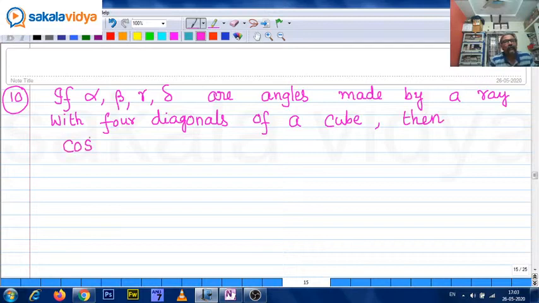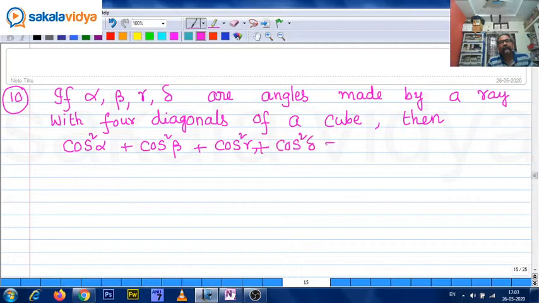cos square alpha plus cos square beta plus cos square gamma plus cos square delta equals how much? Anybody? So you can chart it.